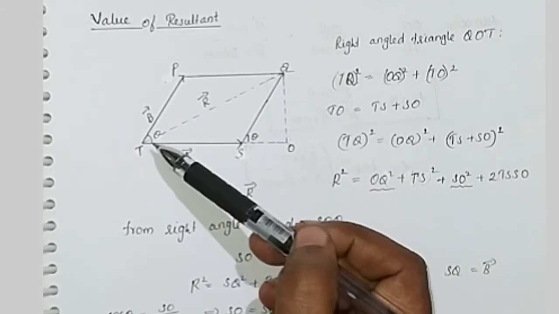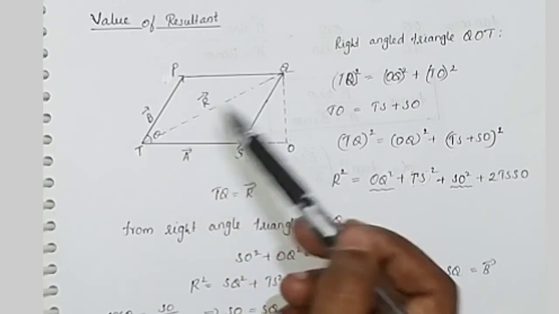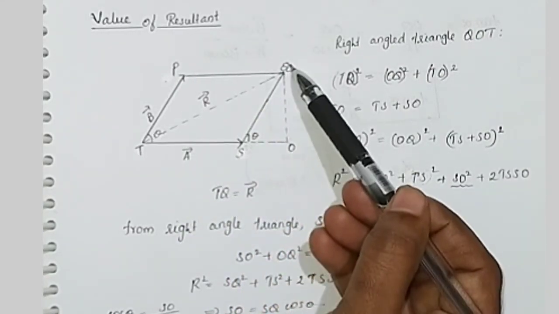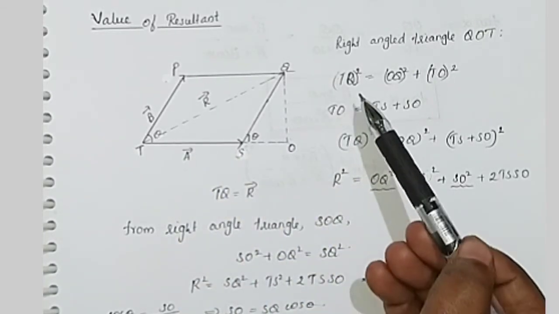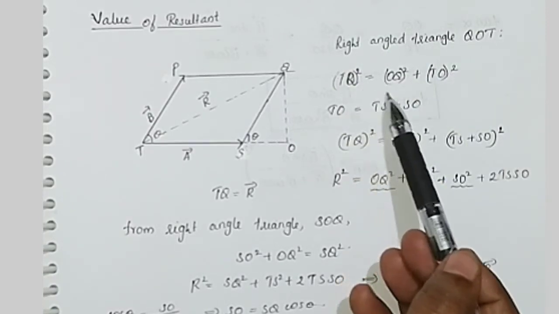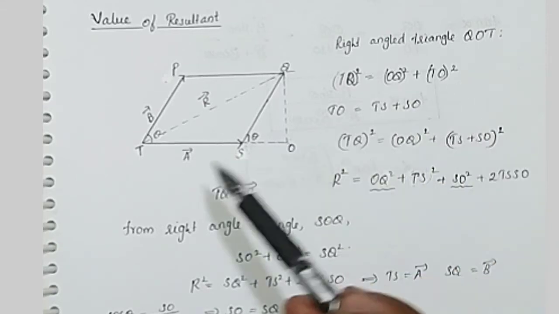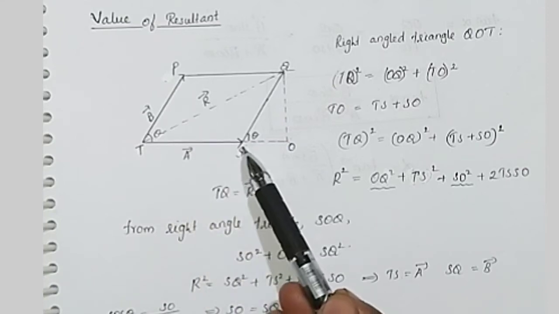Now we know that using the right angle triangle QOT, we can write the resultant is equal to QO square plus TO square. Here we write from the triangle QOT, TQ square is equal to OQ square plus TO square, and we know that TO is TS plus SO.